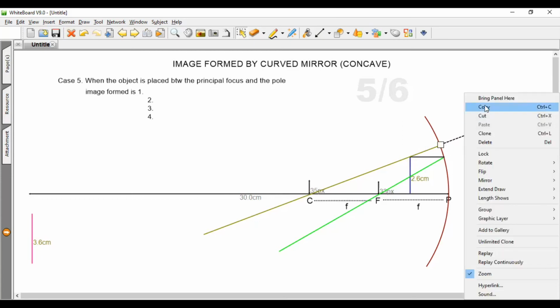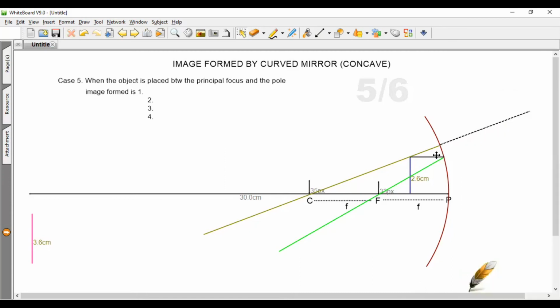Let me change the color. We have this extended backward. Now let's have another extension.